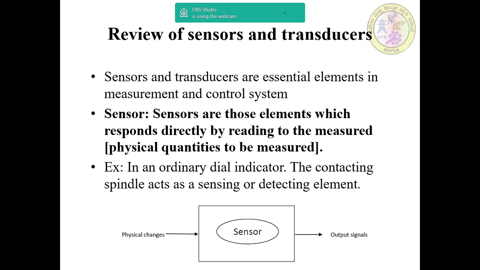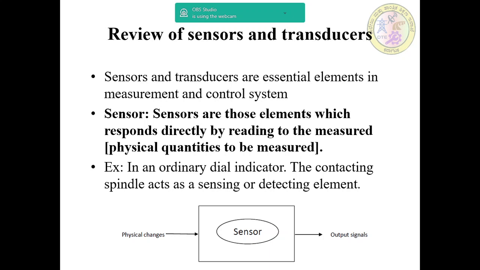Next we'll go for sensors and transducers. Sensors and transducers are essential elements in measurement and control systems. First we'll take the sensor.